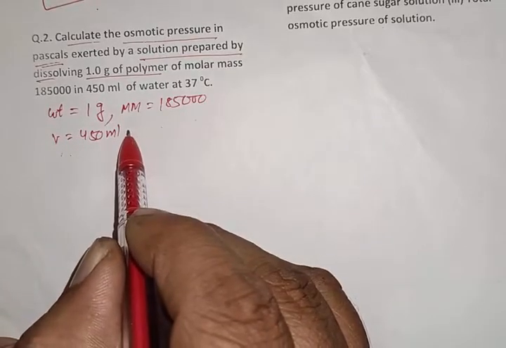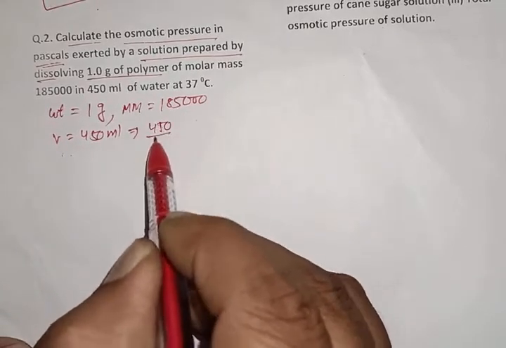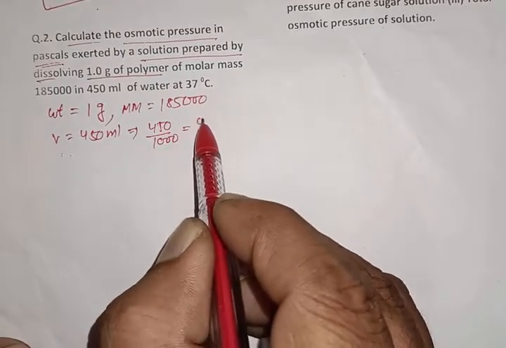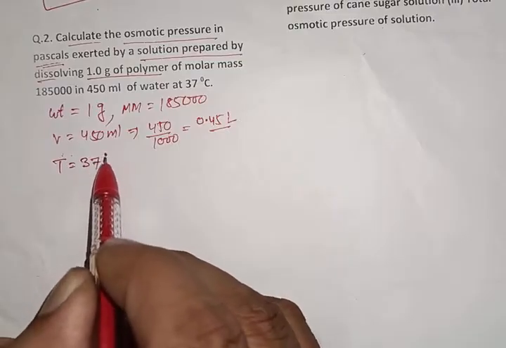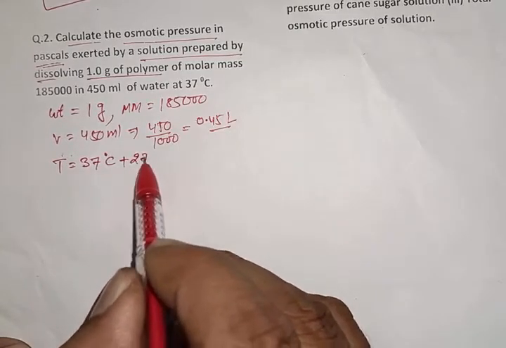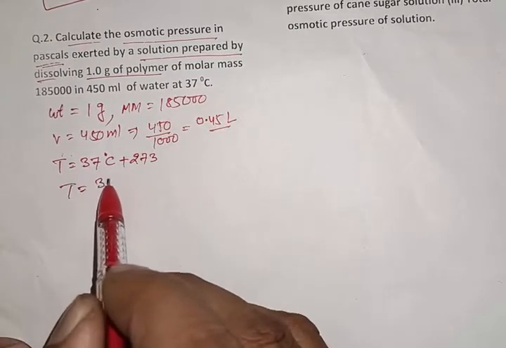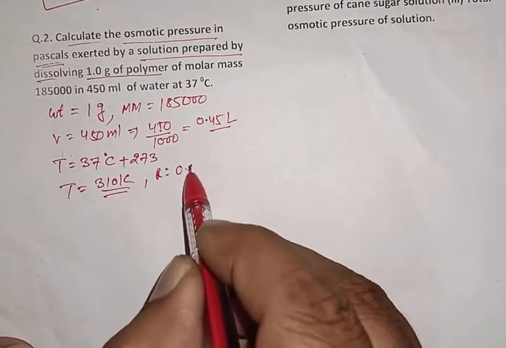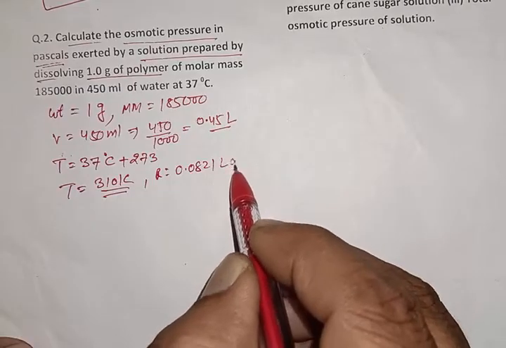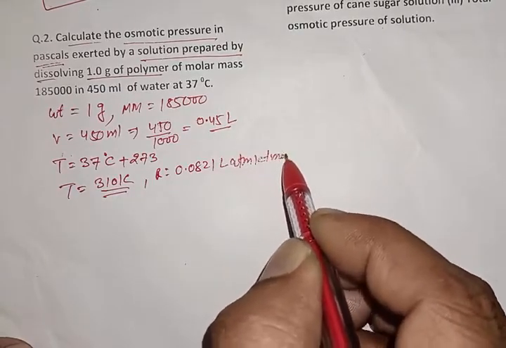We can change this into liter, that is 450 by 1000, which becomes 0.45 liter. The temperature is 37 degrees Celsius; if we add 273, it becomes 310 Kelvin. The R value will be 0.0821 liter atmosphere per Kelvin per mole.